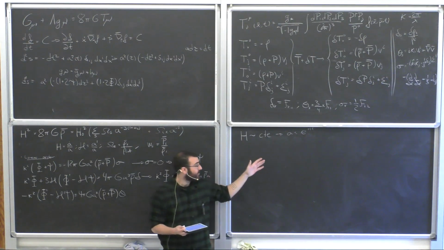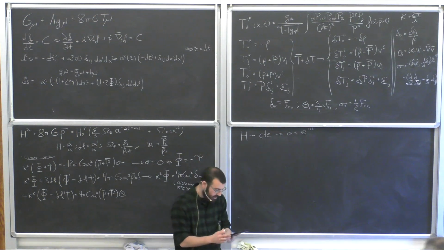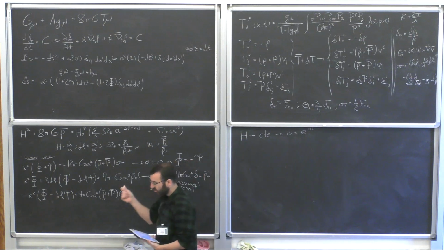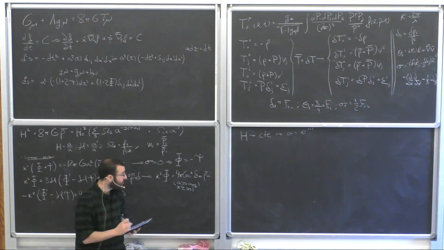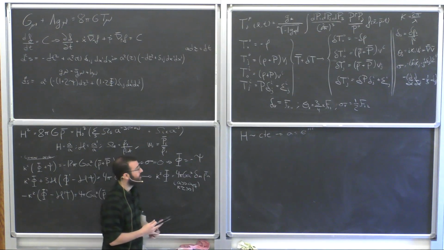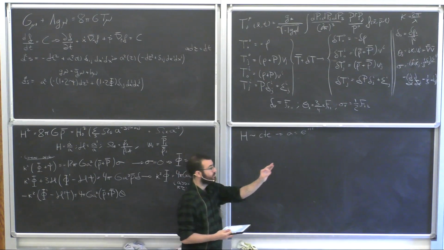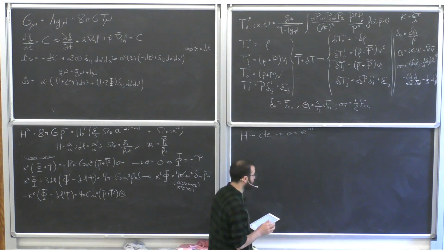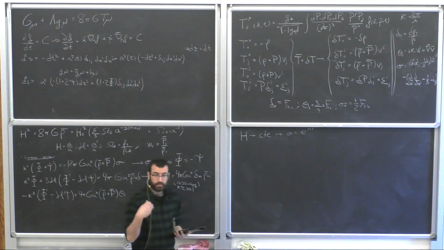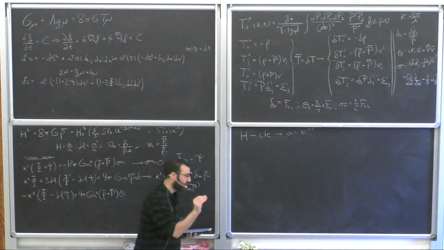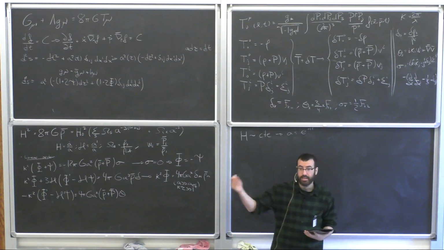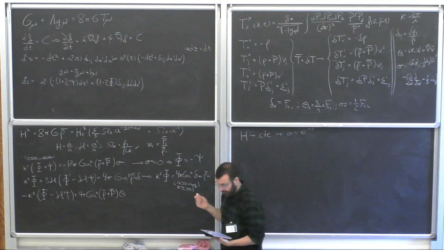So in this single field slow roll inflation, basically what we have is a single species driving the evolution of the universe in such a way that each position in space, that is going to be determined by the mean value of the field, but also by a perturbation of that field in that position, can be described as being slightly ahead or behind in time.